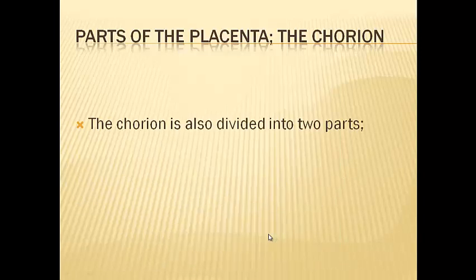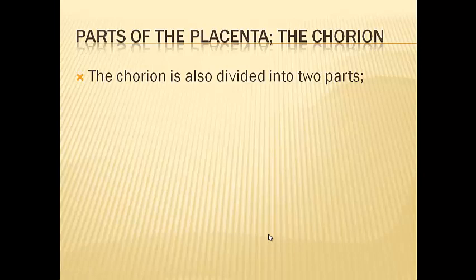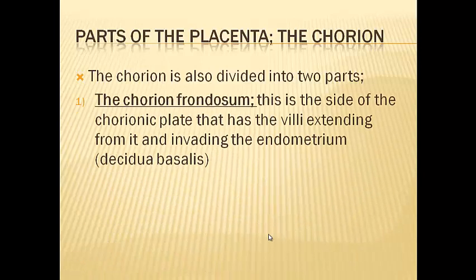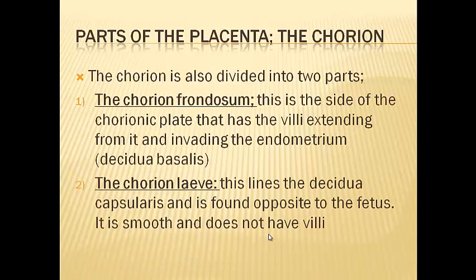So the chorion is also divided into two parts. You have the chorion frondosum, which is the side of the chorionic plate that has the villi extending out of it and invading into the endometrium, or decidua basalis. The chorion laeve is the part that lines the decidua capsularis and is found opposite to the developing fetus or embryo, depending on what stage of development we're in. And remember that the chorion laeve is smooth and does not have any villi. So that's how you differentiate the two parts.